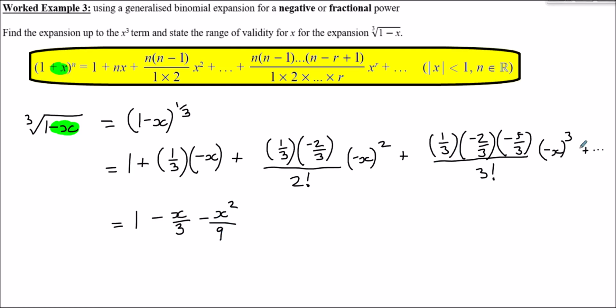And this one, minus x cubed, will give us minus x cubed. So that's going to be a negative term, and this here is going to be positive. So again, it's going to be a minus here. So we do 1/3 times minus 2/3 times minus 5/3, all over 3 factorial.